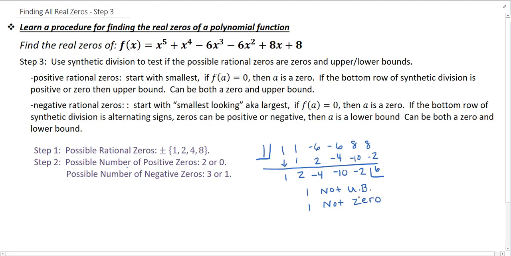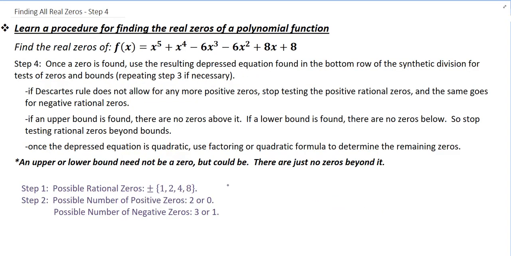So we'll go ahead and move on to the value of 2 to test. We're going to continue our synthetic division testing with the value of 2, since that's our next step. And our coefficients are still 1, 1, -6, -6, 8, and 8.